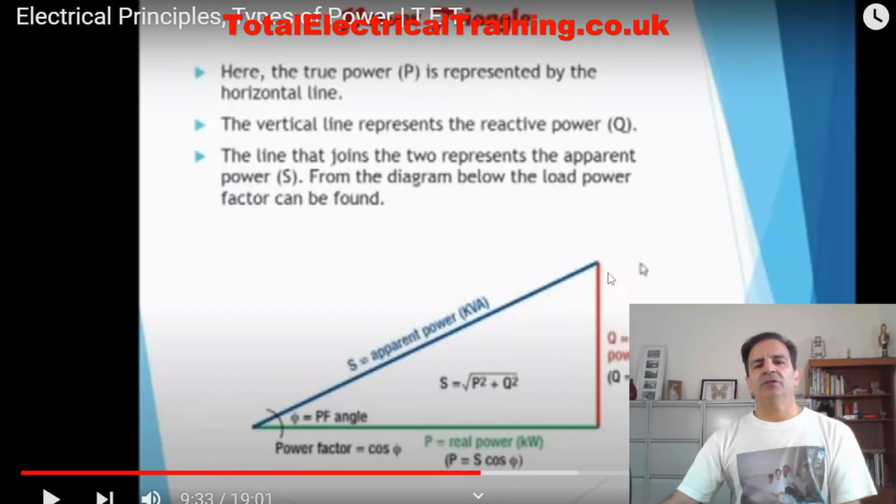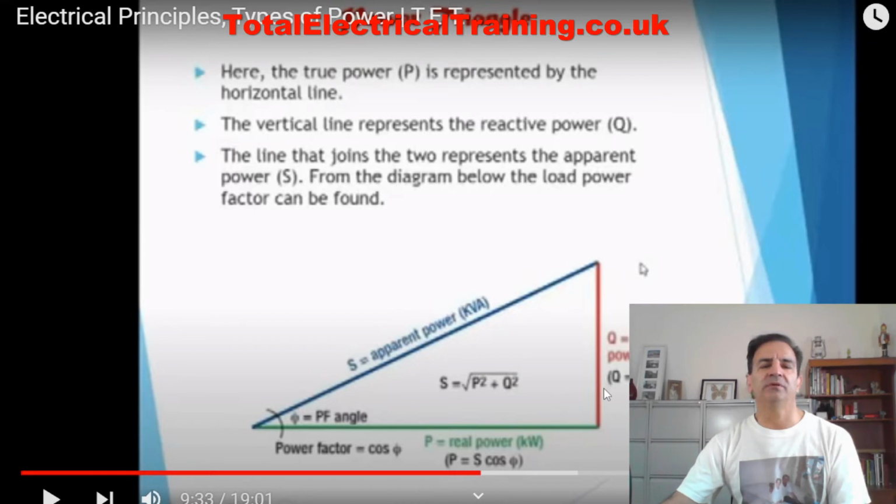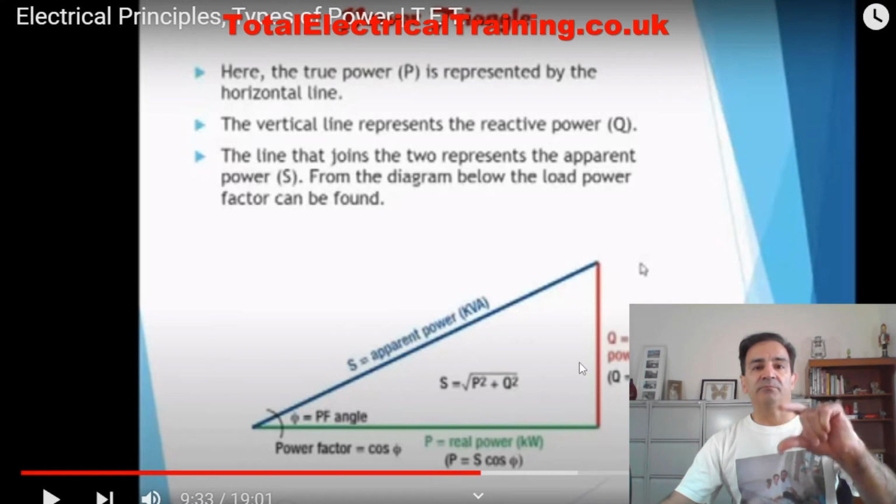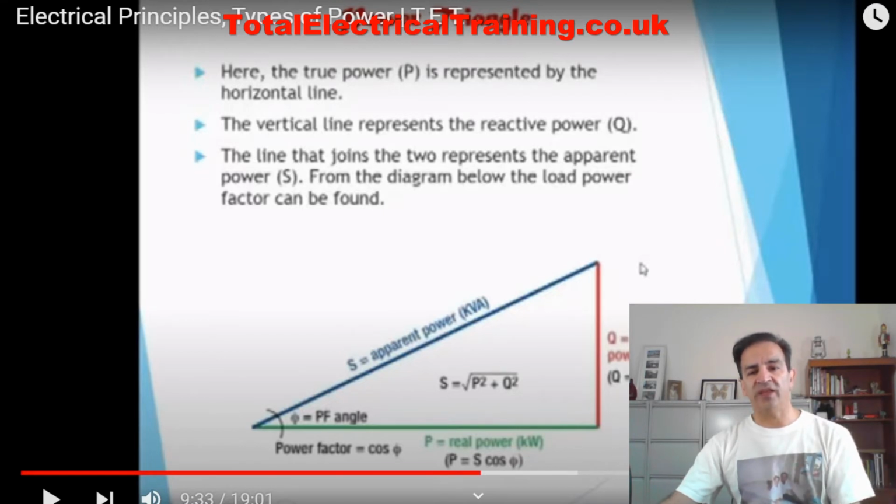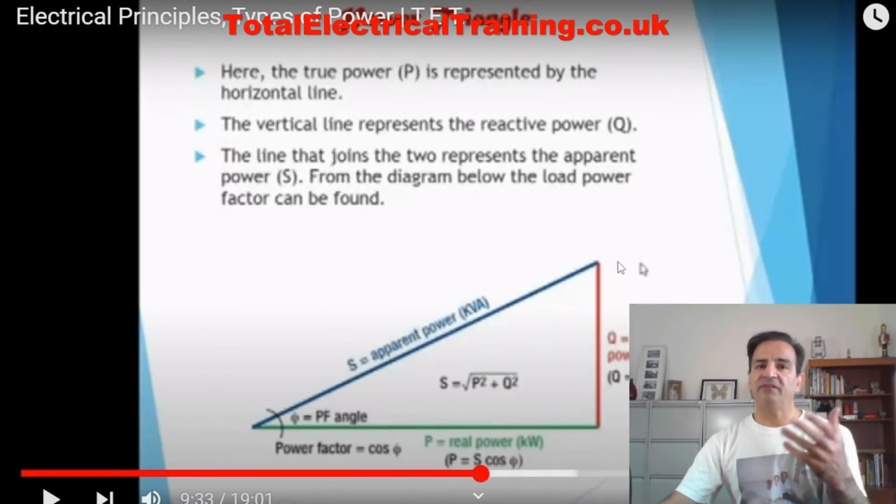So what is the solution? The solution is to find out how much reactive power you have in your home, which is this red line, red vertical, which is measured in kilovolt amp reactive, and it's usually inductive, and that is why it's up, because if it was capacitive, this triangle would be flipped backwards, so this red would go down and you still have a triangle.